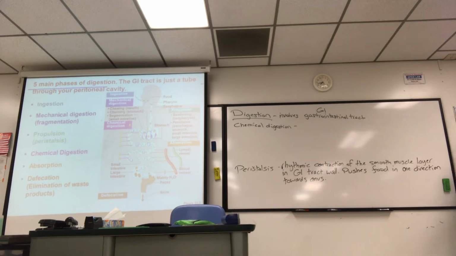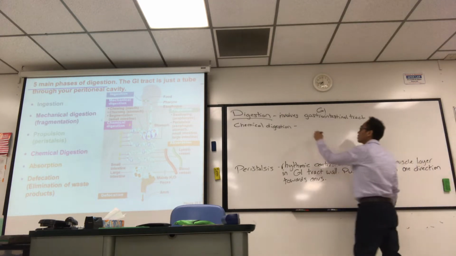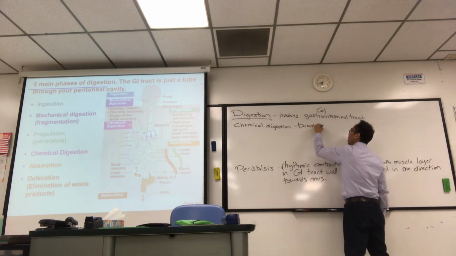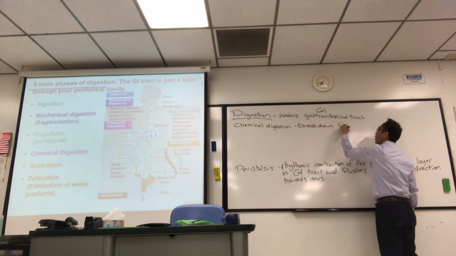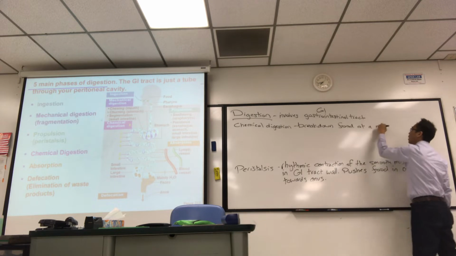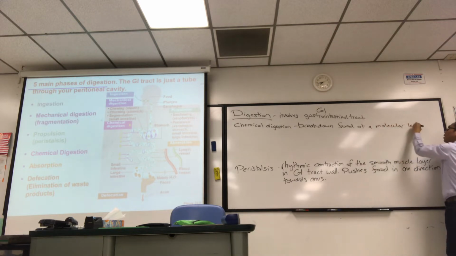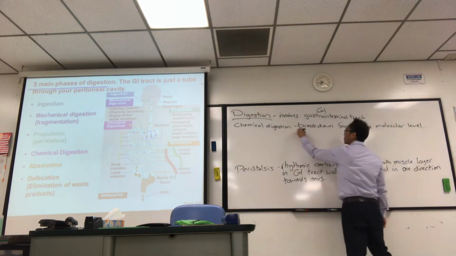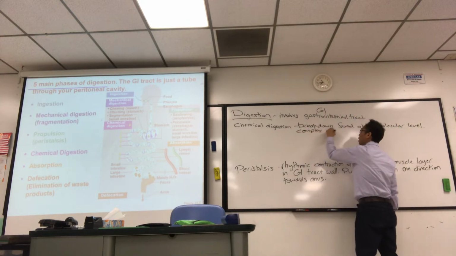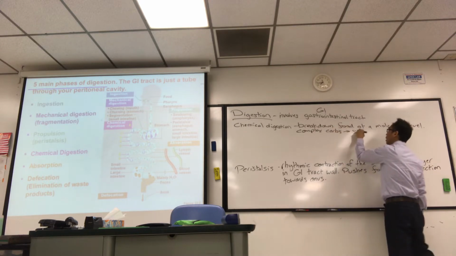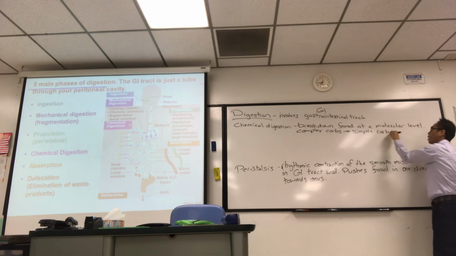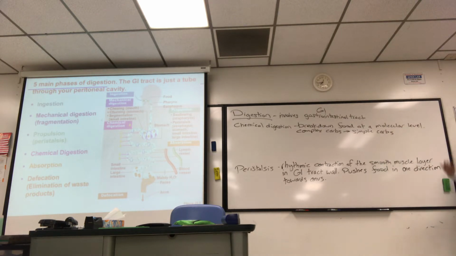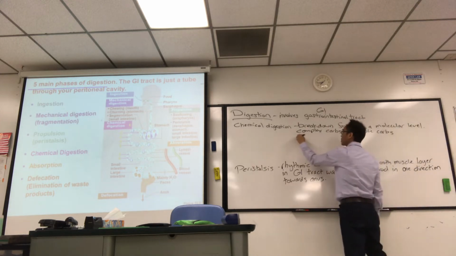Polymers into monomers. So you have to think about what that means when you eat starch, complex carbs, and simple carbs, like sucrose and all the sugars that you eat, the pastas and everything else.